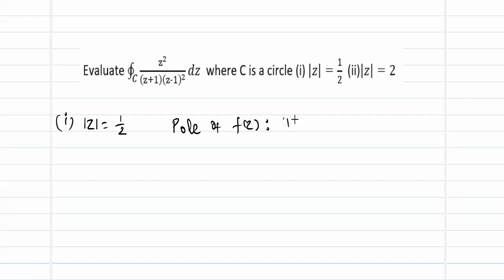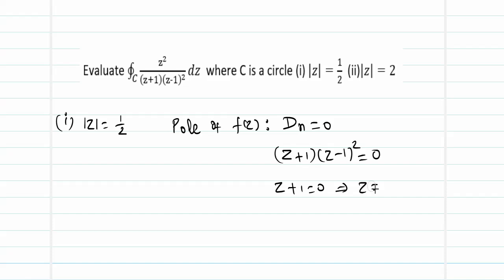Equate your denominator to 0. So I have z plus 1 into z minus 1 the whole square equal to 0. z plus 1 equal to 0 gives us z is equal to minus 1. Since the power is 1, you call this a simple pole. So my point z equal to minus 1 is a simple pole.